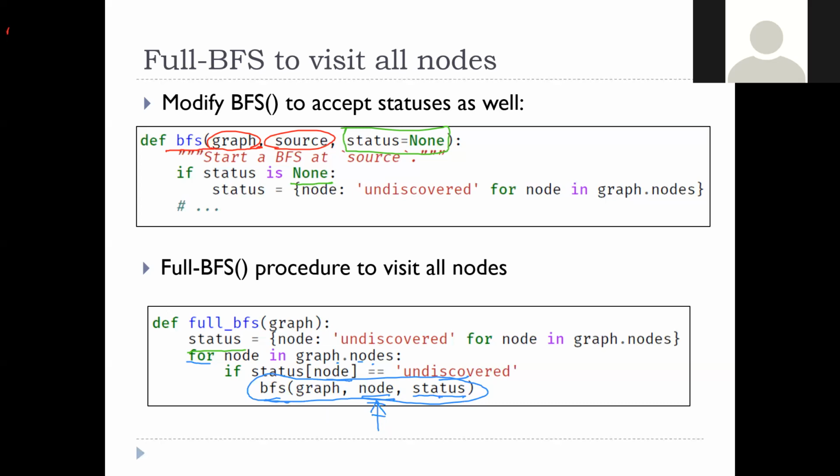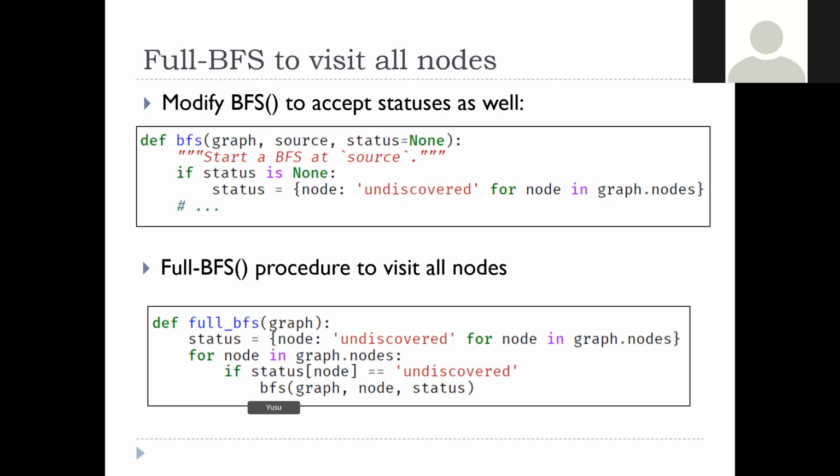So in the end, all the nodes will have a visited status. That's the idea. Simply go through the list of graph nodes in a certain order, and as long as the node is undiscovered, I run the BFS. And if a node is already discovered by a previous BFS, that means the status is not undiscovered, then we will not call it.